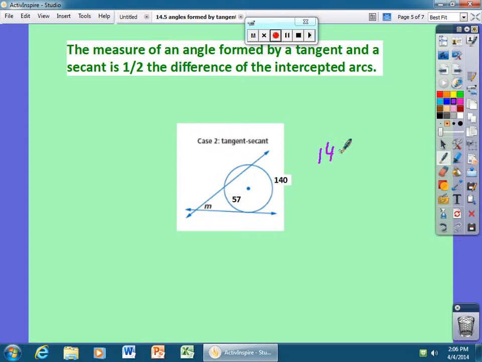I would take my 140, I would subtract the 57, that's going to equal 83 degrees, and I would take the 83 and divide it in half, and I get 41 and 5/10 degrees. So the measure of this angle out here is 41 and 5/10 degrees.